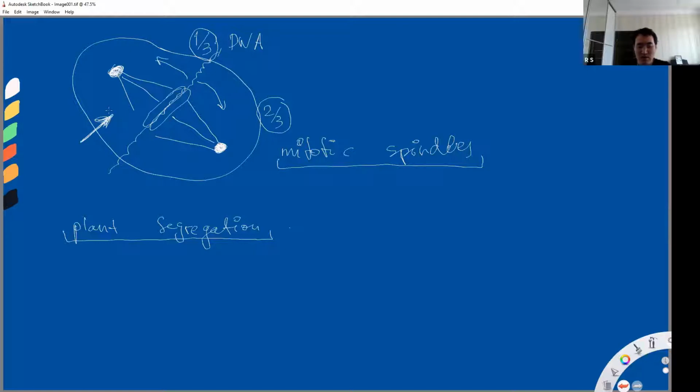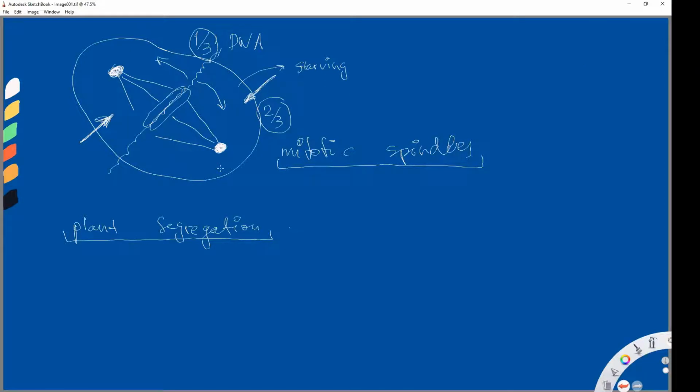And in the second case, we will have too many genes that will try to compete with each other. And this will lead to starving of the cell because all of these genes will start expressing and consuming the nutrients.